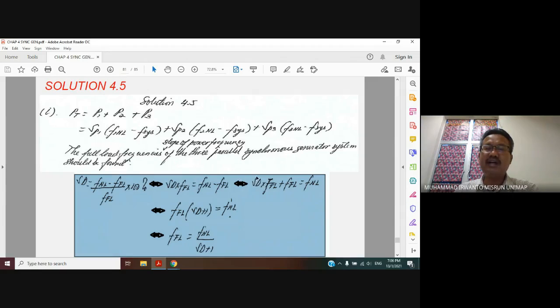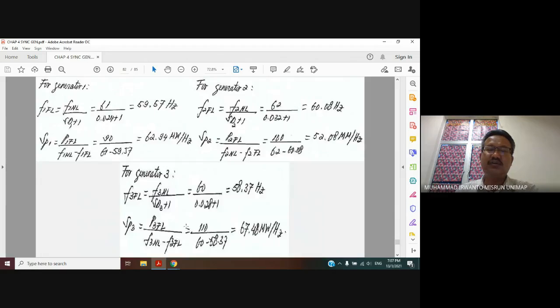From here we can derive that the full load frequency is equal to the no load frequency divided by speed drop plus 1.